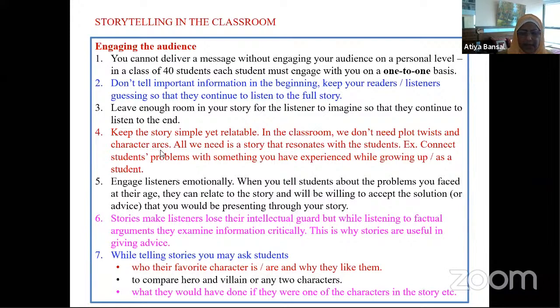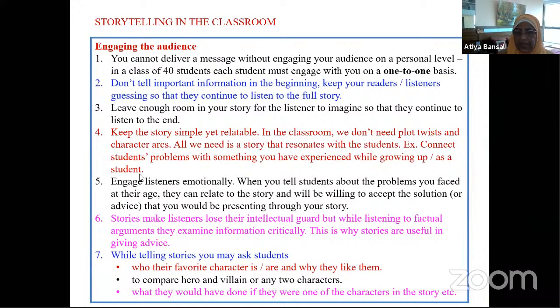A character is very bad, then he slowly becomes very good, or a character is very good and slowly becomes very bad. We don't need big arcs and big plot twists. We need simple stories which listeners can relate to, in this case, our students. Or we need a story that resonates with the students.